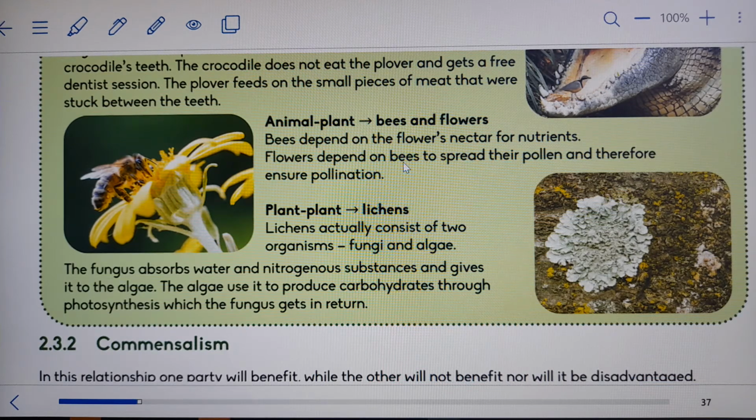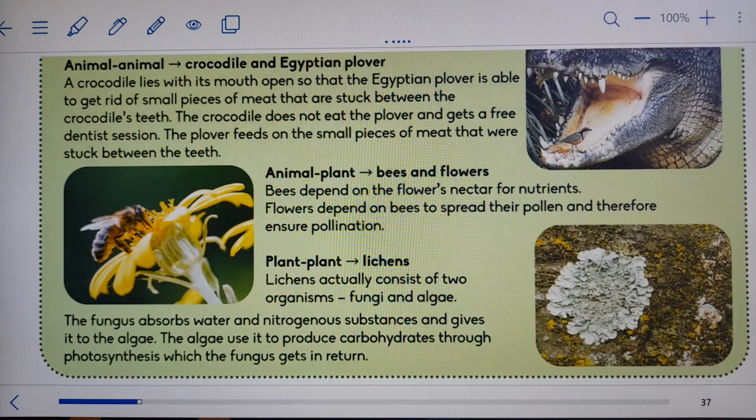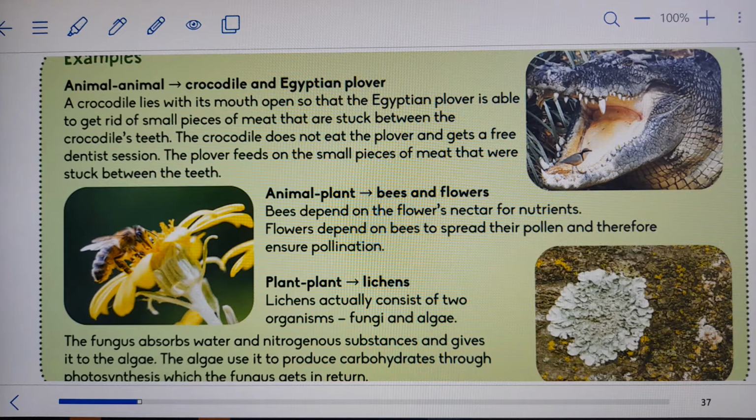So if we talk about interdependency, type number 1, mutualism, we've got animal to animal, we've got plant to plant, and we've got animal to plant. Please know those examples. First type of interdependency, mutualism.